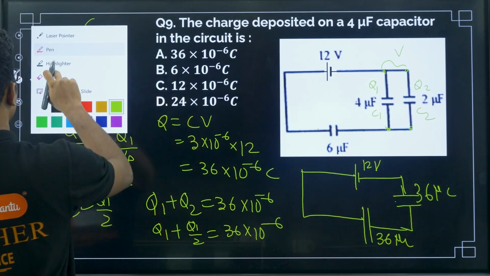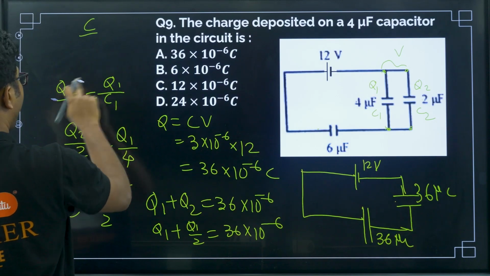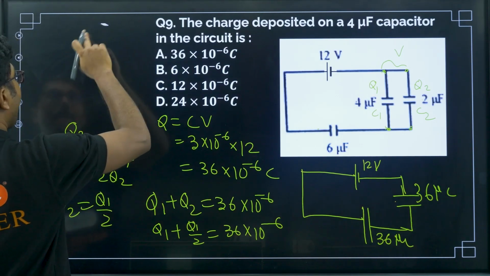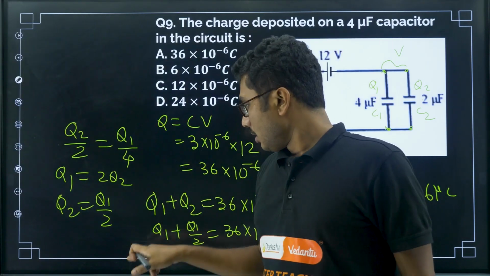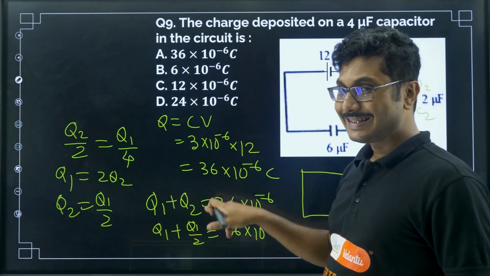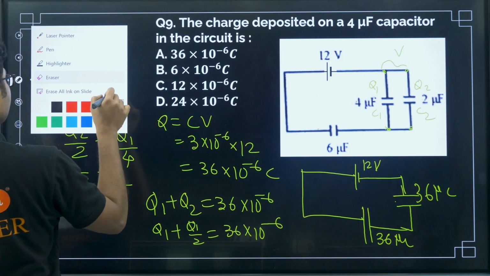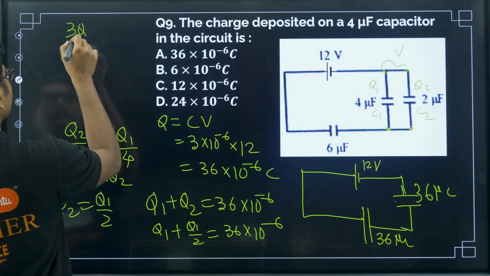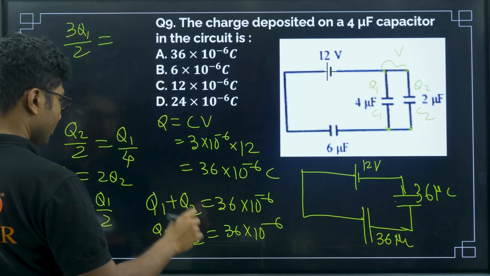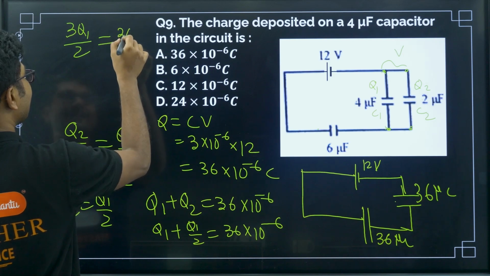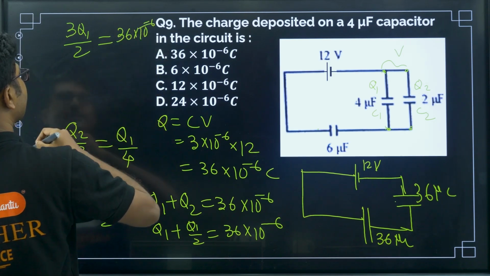Q1 plus Q1 by 2, that is 3Q1 by 2, equals 36 times 10 to the power of minus 6, right?